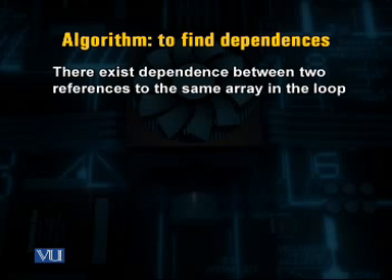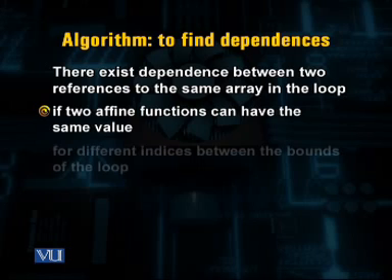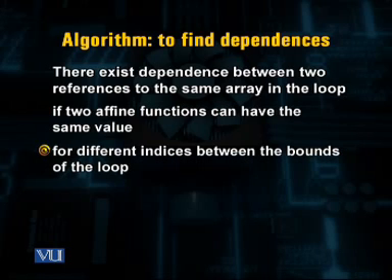We know that there exists dependence between two references to the same array in a loop if two affine functions can have the same value for different indices between the bounds of the loop.